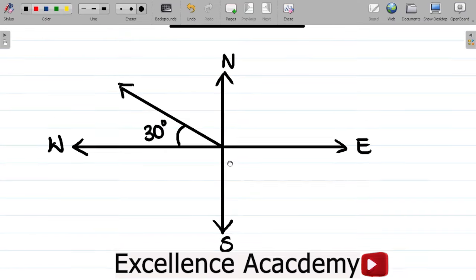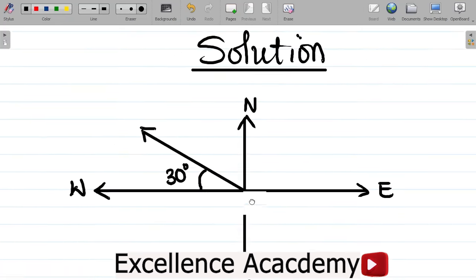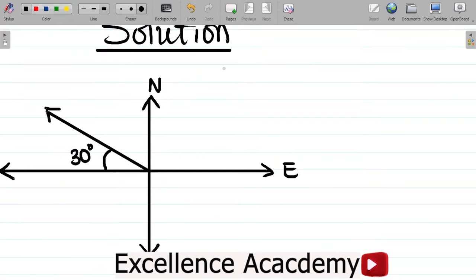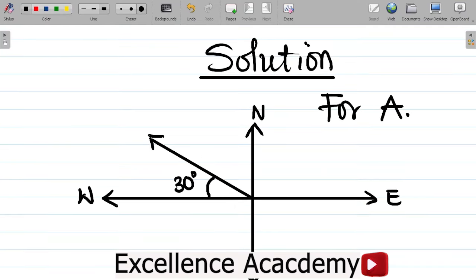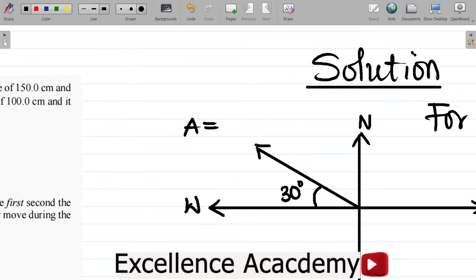All right, so I have this case here. Now for this, we want to get the horizontal component, so let me call this displacement A. Of course, A is a displacement. The value of A as given there is equal to 150.0 centimeters. All right.